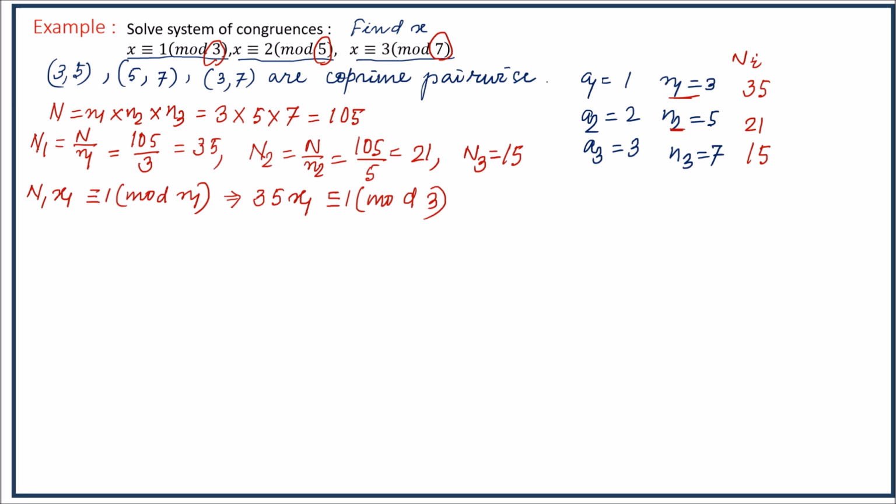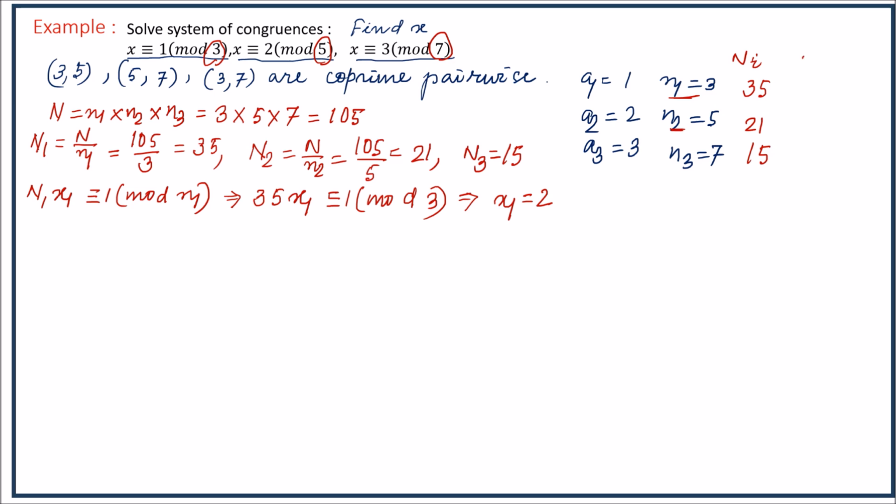But if I multiply by 2, 35 two times is 70. So 70 when divided by 3 leaves remainder 1. So this implies that x1 equals 2.